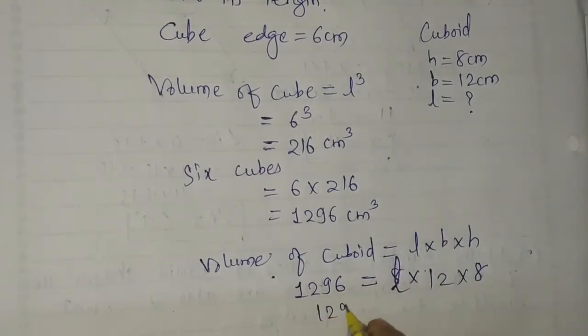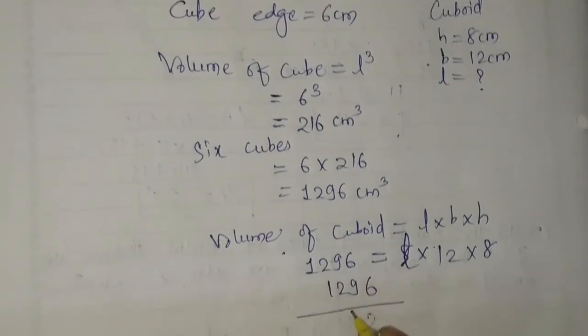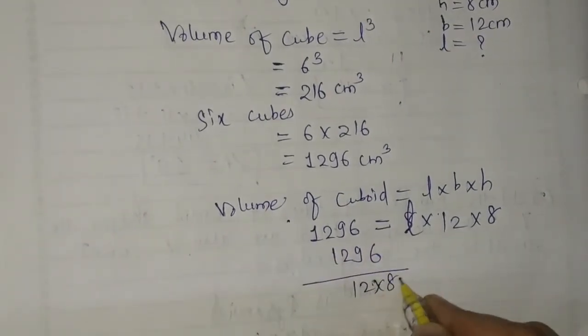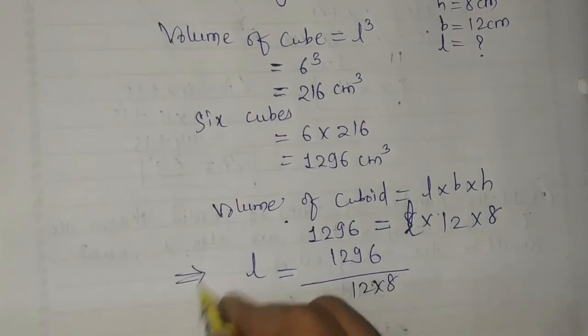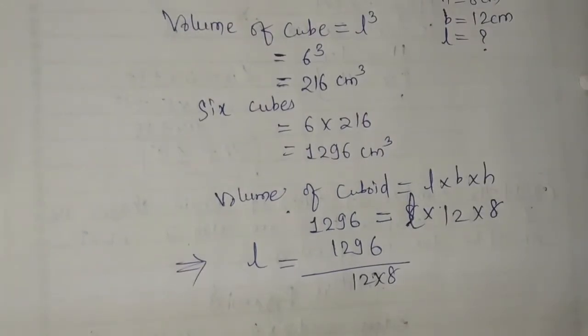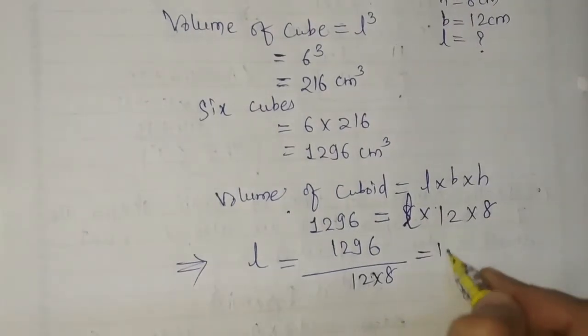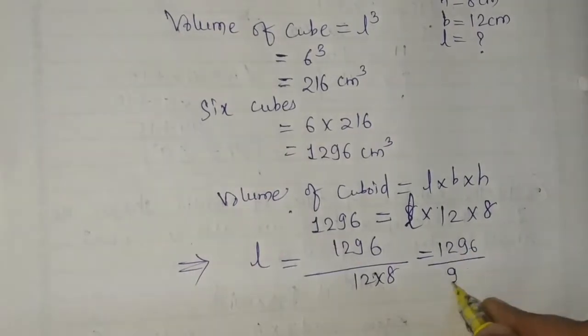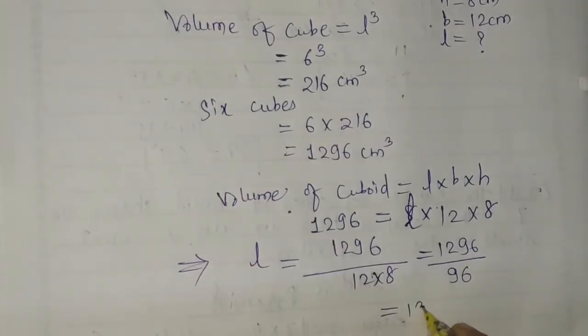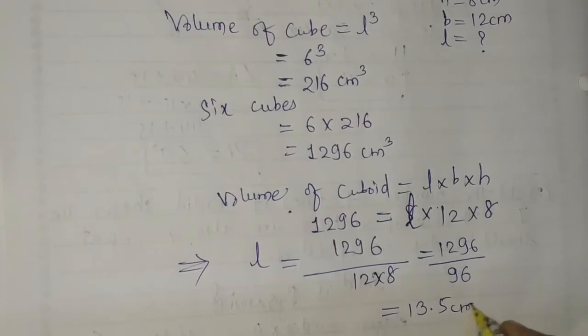So friends, 1296 divided by 12 into 8, that is 1296 divided by 96. We'll get 13.5 centimeters.